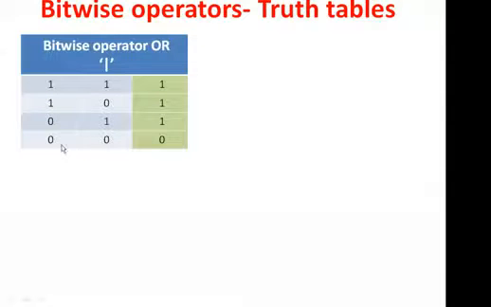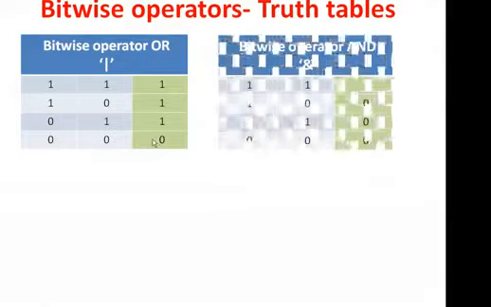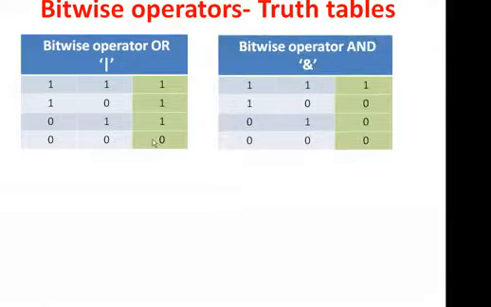And if both the bits are 0, then the end result is going to be 0. And then coming to AND operator, if any one of the bits is going to be 0, then the end result is going to be 0.